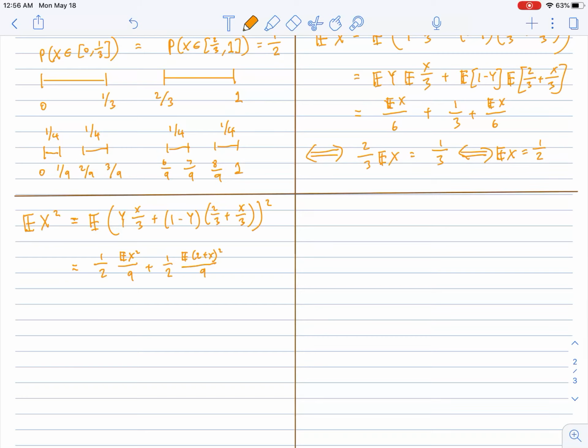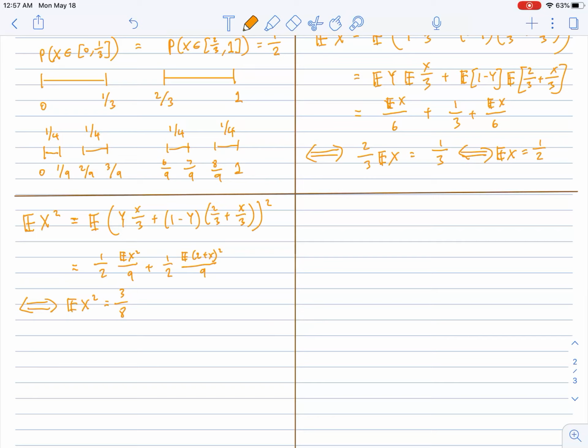And then seeing how the expected value of X squared appears on both sides of this, and of course expanding, we can get that the expected value of X squared equals 3/8.